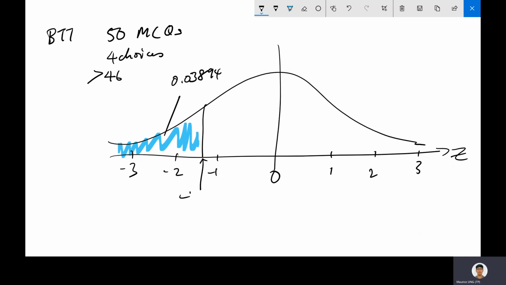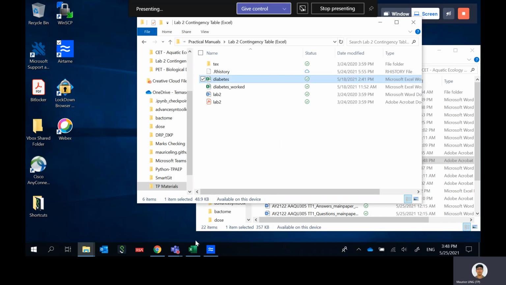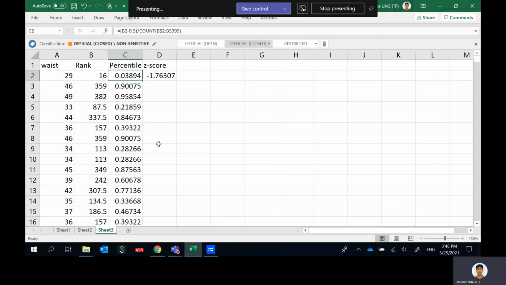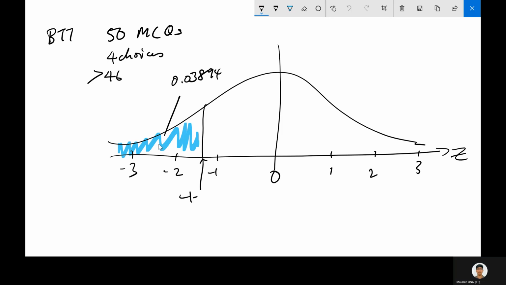So it's actually minus 1.763. Normal inverse.